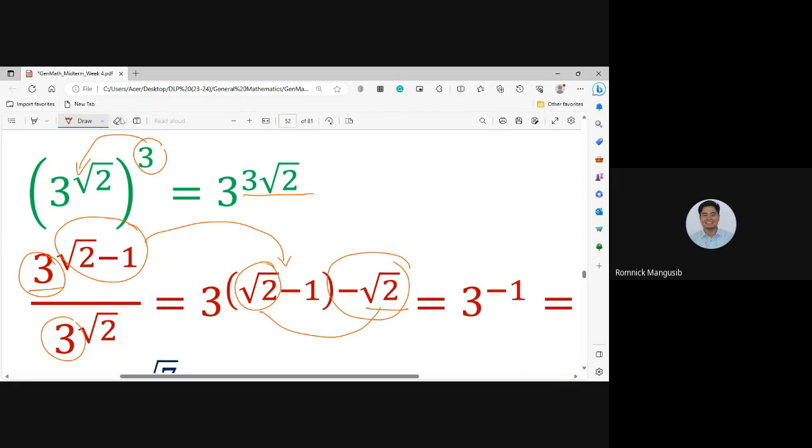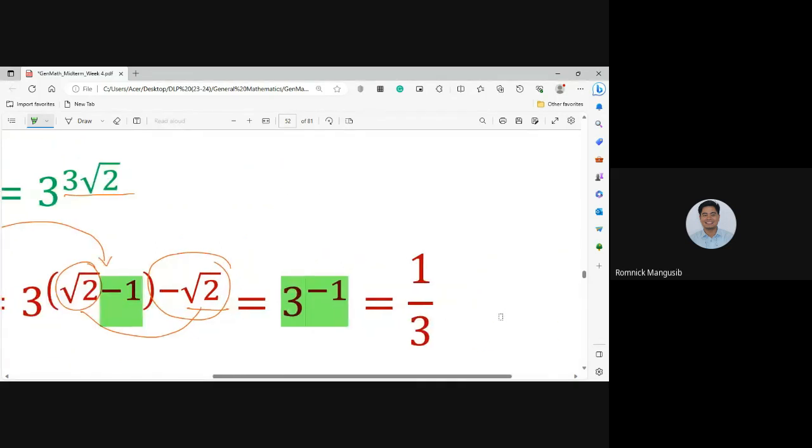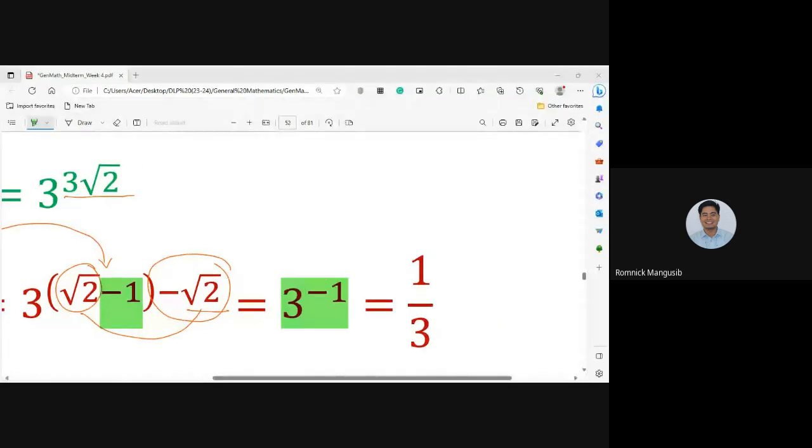At anong natira? It is negative 1 that is left. Square root of 2 minus square root of 2 is 0, class. So, kaya naging 3 raised to negative 1 na lang yung natira dito. And 3 raised to negative 1, using the rule of negative exponent, will become 1/3.